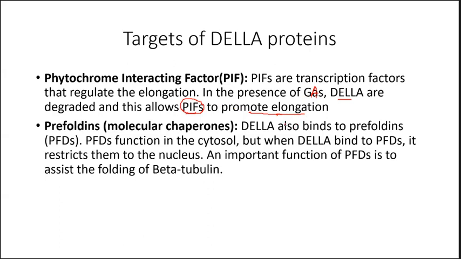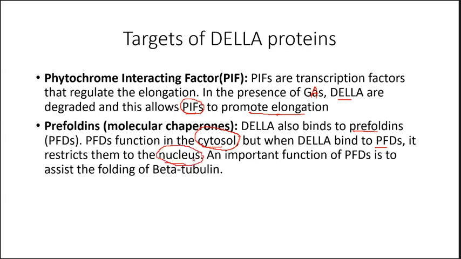Now what is the role of prefoldin? DELLA binds to prefoldin also. Prefoldin functions in the cytosol, but when DELLA binds to PFD, it is restricted to the nucleus. Normally prefoldin works in the cytosol, but since DELLA binds to PFD, it cannot come out of the nucleus.